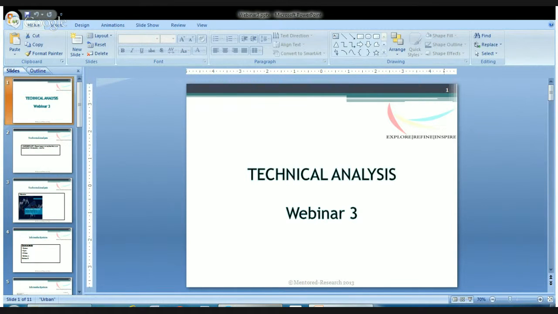If you have questions, feel free to type them in the chat, and I will look at them after my presentation is over, since I can't look at the chat while I'm doing full screen sharing. The Ichimoku system is comprised of 5 components: the Tenkan, Kijun, Chikou, Senkou A, and Senkou B. All right, the Tenkan.